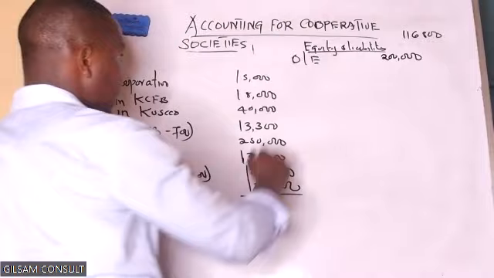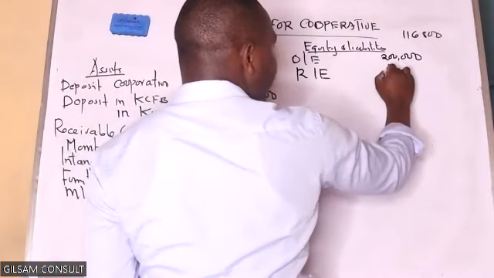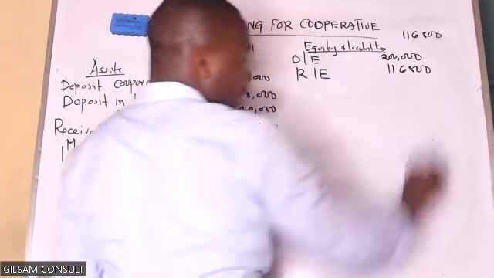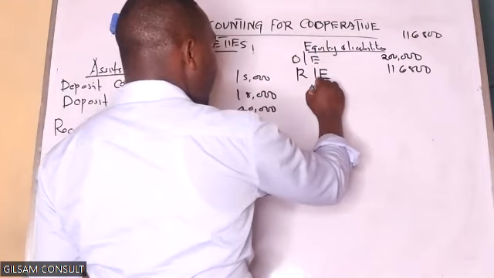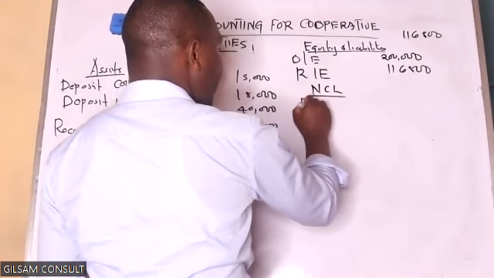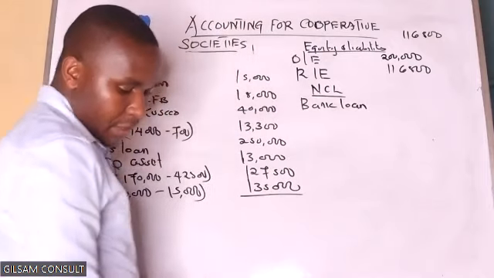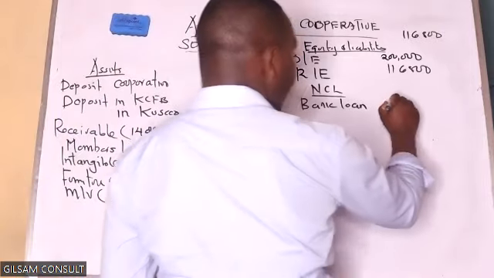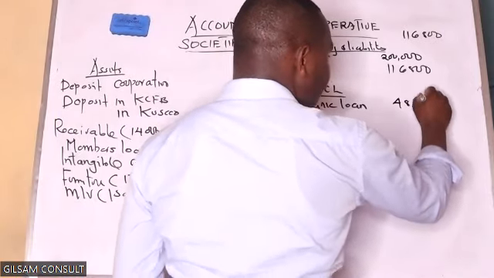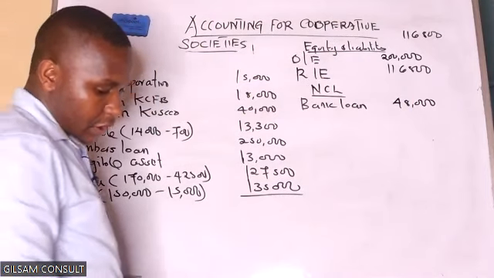Remember our retained earning gets to be part of this one, 11,688. Then we go to the liabilities and current liability. Bank loan is a liability. Bank loan shows a balance on credit of 8,000, current liability.